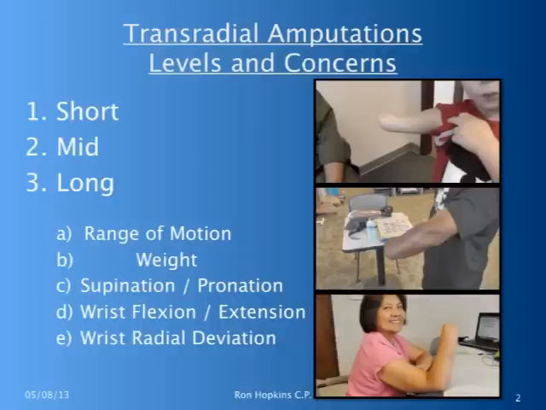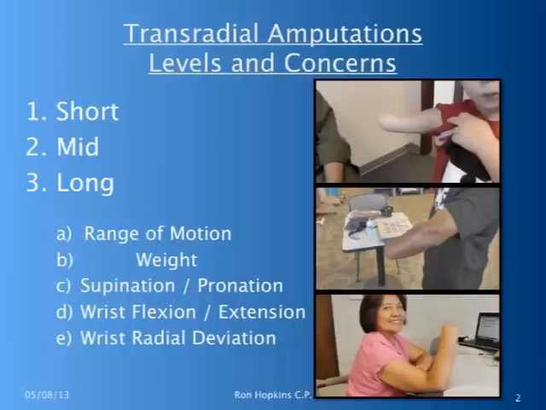Now, obviously, we've got 3 levels in transradials: short, mid, and long. Each one of these levels has a specific concern that we have to think about. Look at the kid up in the corner. That's a really short little transradial, and I'll show you how we handled that one.